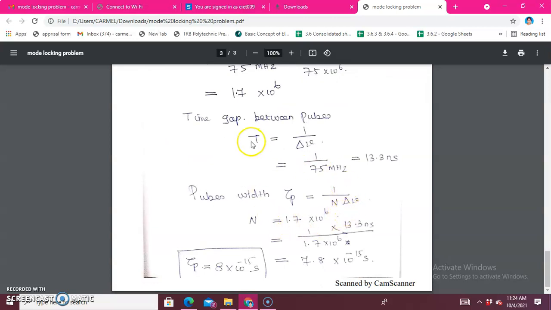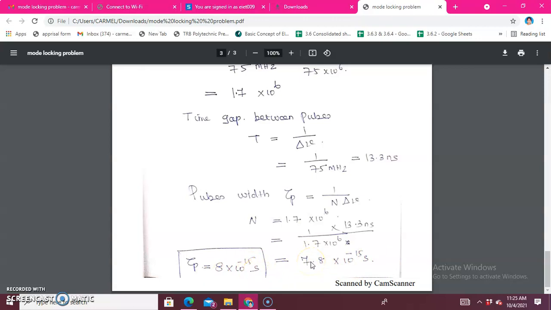The time we have calculated is 13.3 nanosecond. Dividing 13.3 nanosecond by the number of modes, you get the pulse width, which is 7.8 into 10 power minus 15 second. Approximately this can be written as 8 into 10 power minus 15.